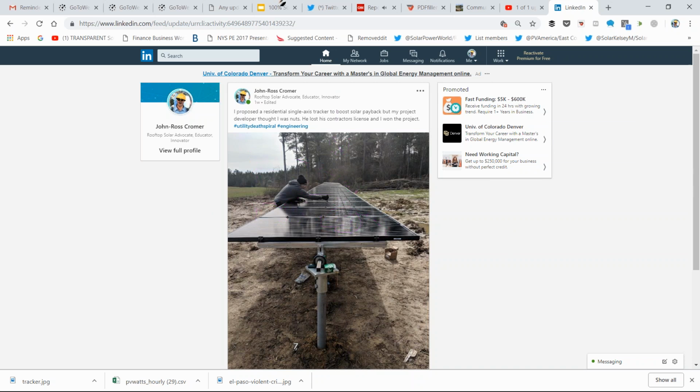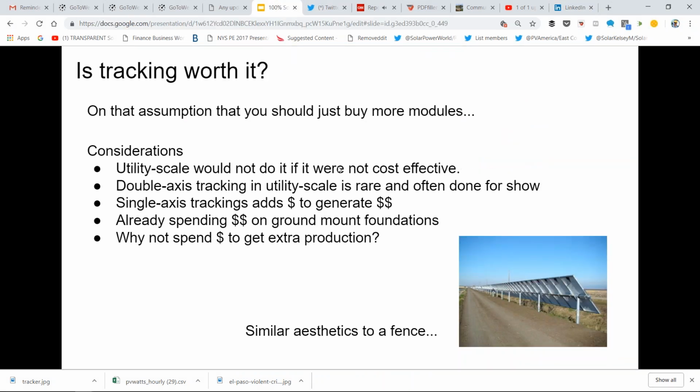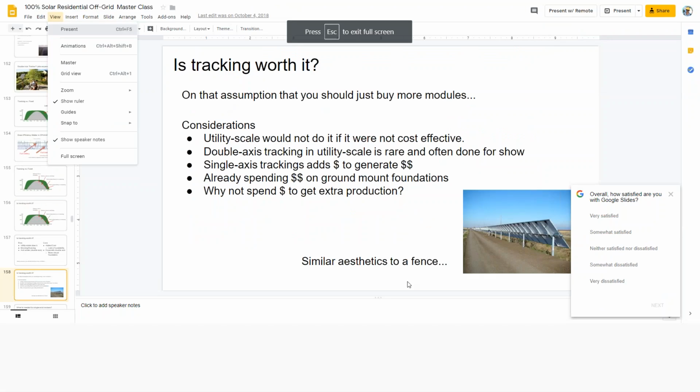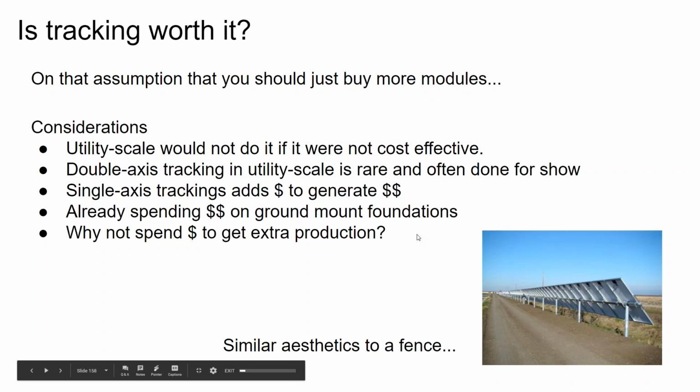And so at least in my experience, it's not that tracking is only worth it at the utility scale level due to economies of scale. It's that those same economies of scale mean that the utility scale tracking companies do not target the residential market.